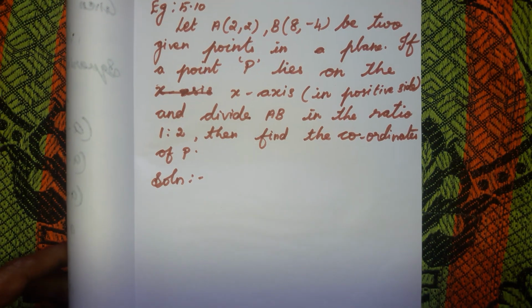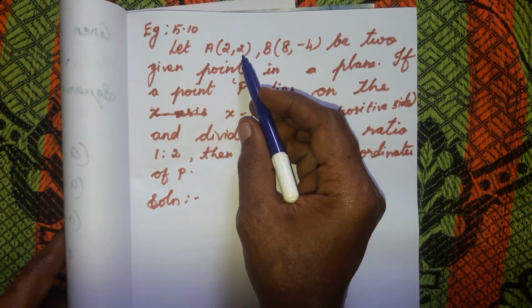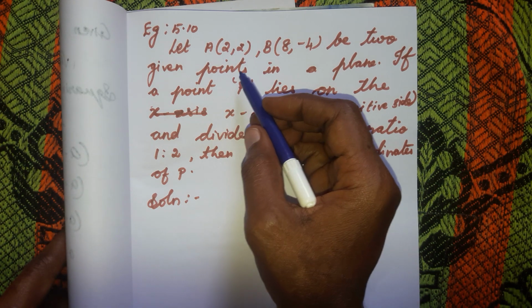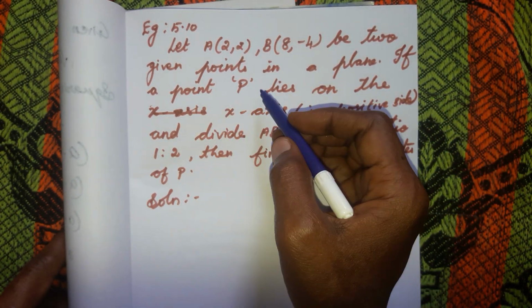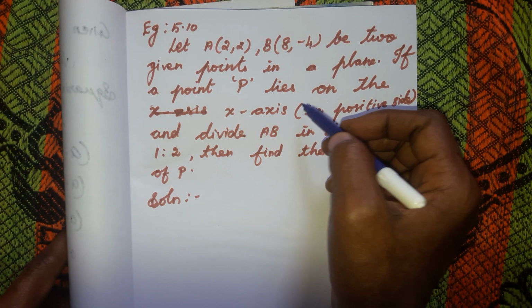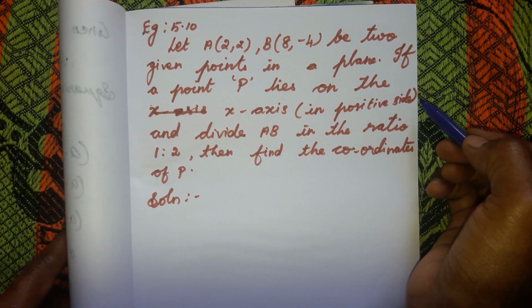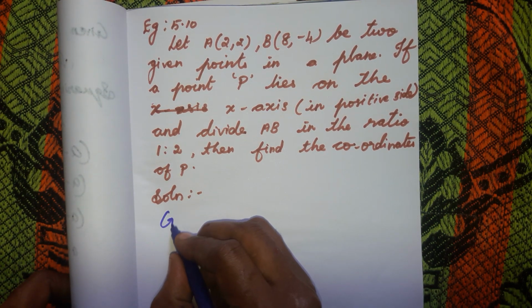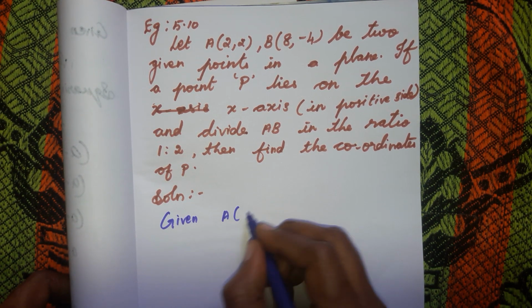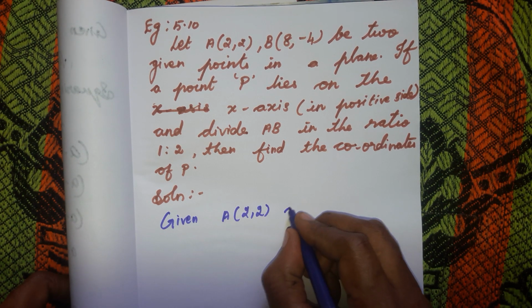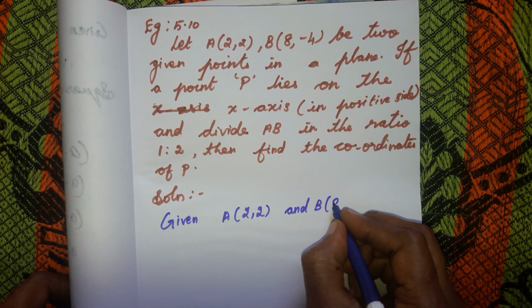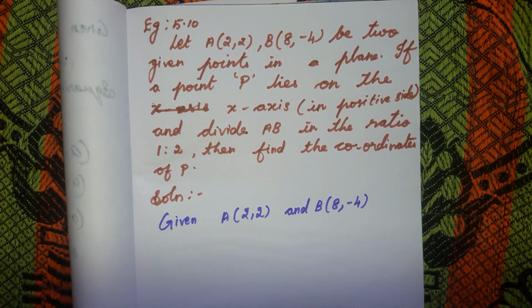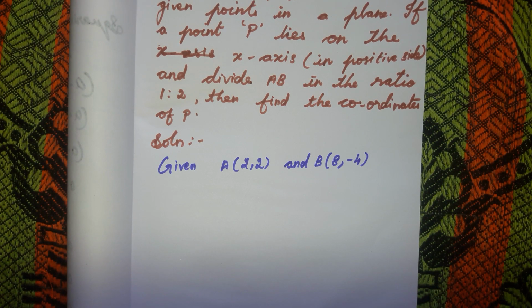Then, example 5.10. A(2, 2), B(8, minus 4) are two points in a plane. If a point P lies on the x-axis in the positive side and divides AB in the ratio 1:2, then find the coordinates of P. What is given? A(2, 2) and B(8, minus 4).